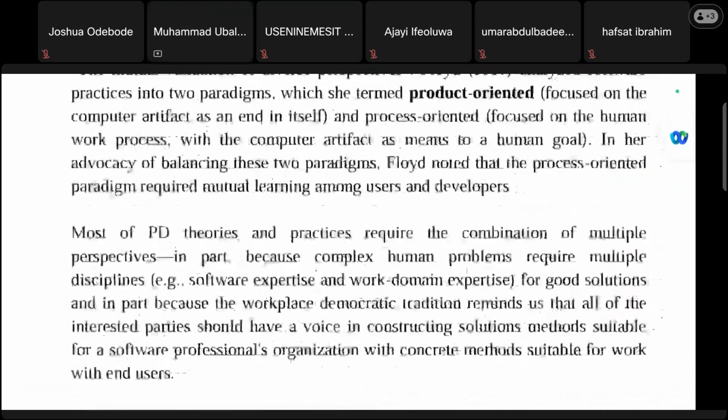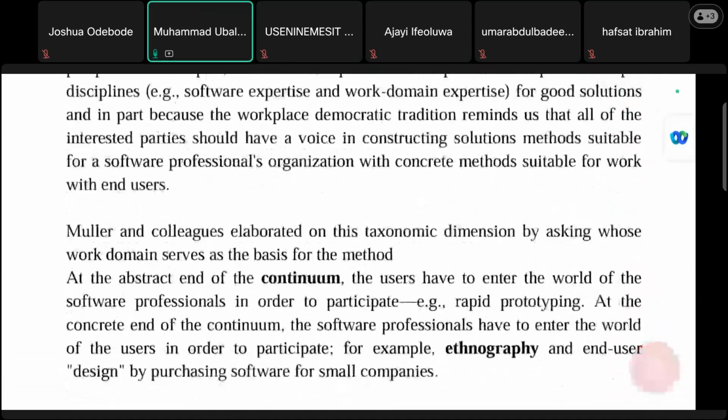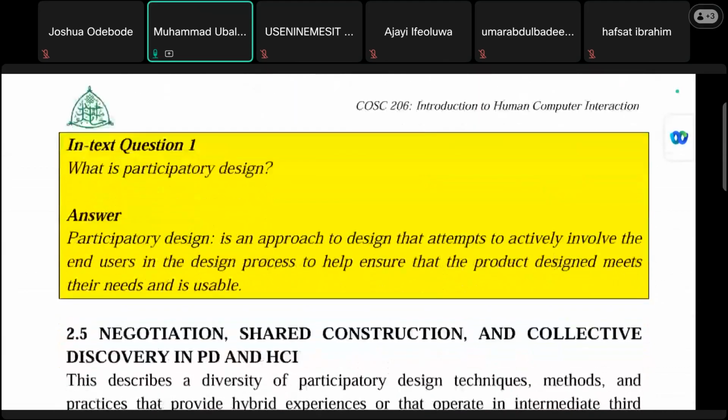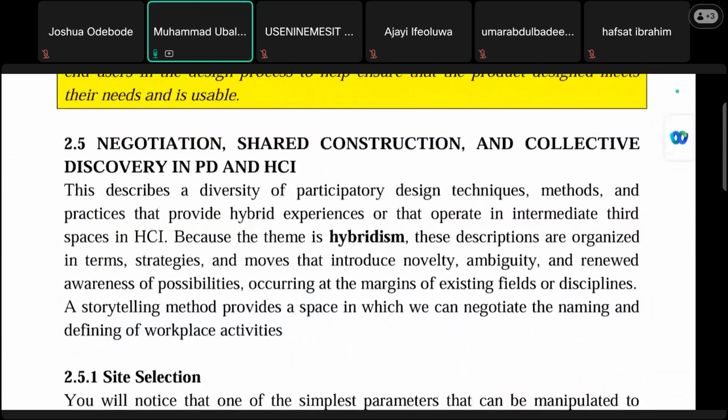So let's move to the next aspect, which is negotiation, shared construction, and collective discovery in participatory design and human-computer interaction.